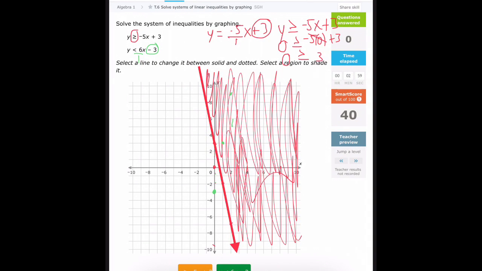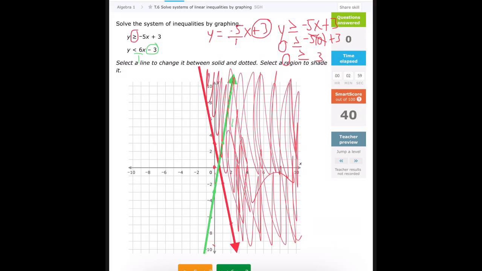Now I'm going to put in my line tool again. Draw my line in here. But this time, what do we notice about it? Okay, should not be a solid line this time. It should be a dotted line because it's not equal to.